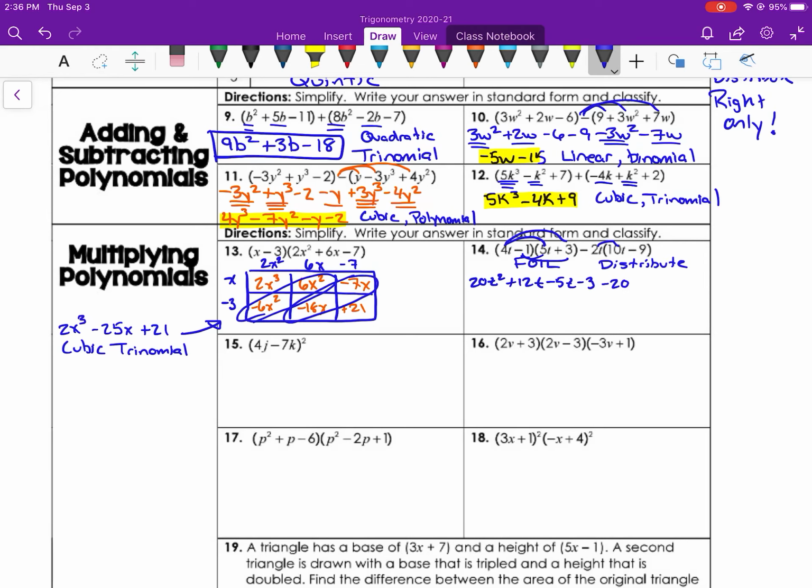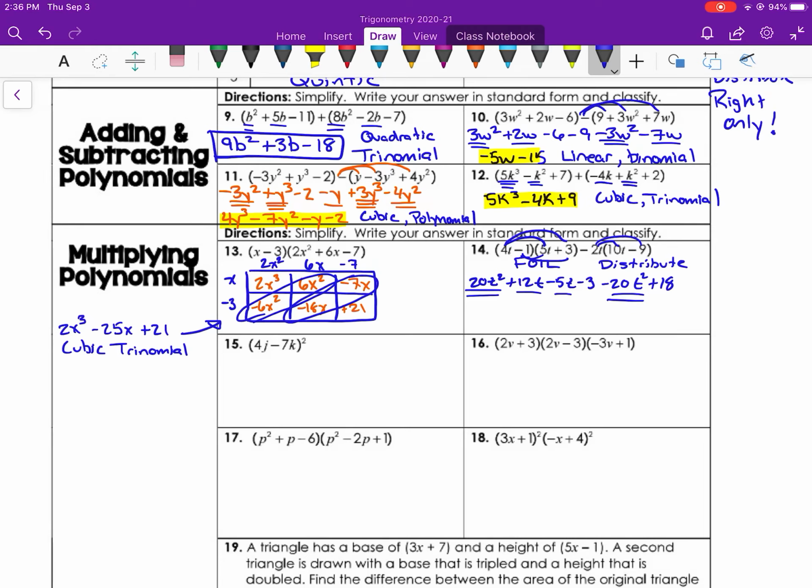Distribute, get negative 20t plus 18. So we'll just go back and do that thing you do. Well, that's actually a typo. That should be t squared, because negative 2t times 10t is negative 20t squared.